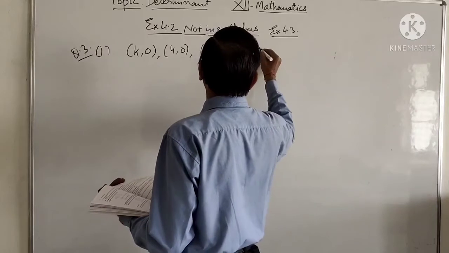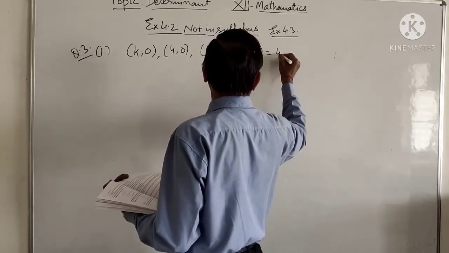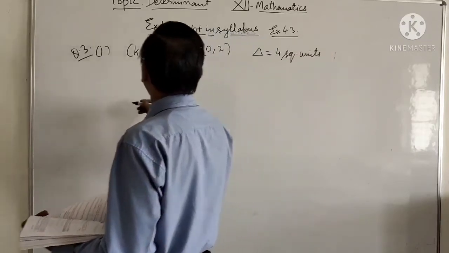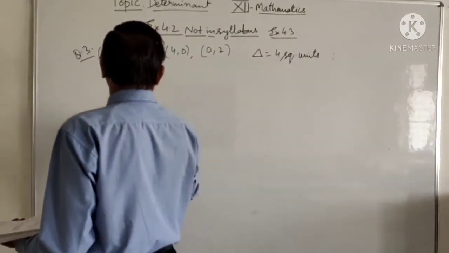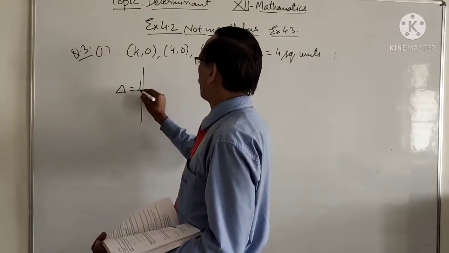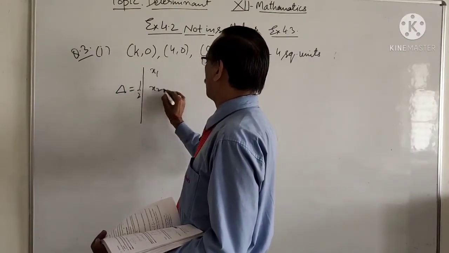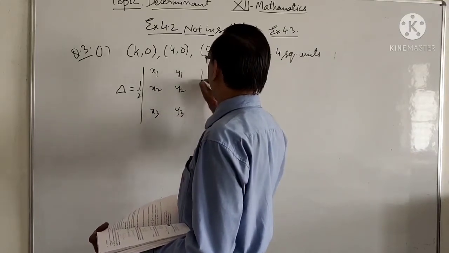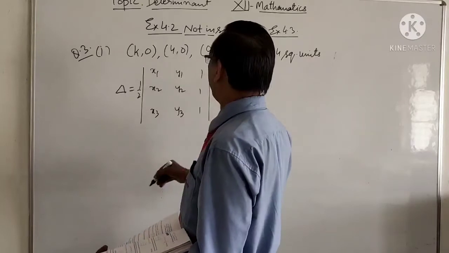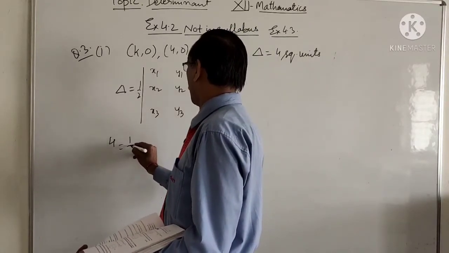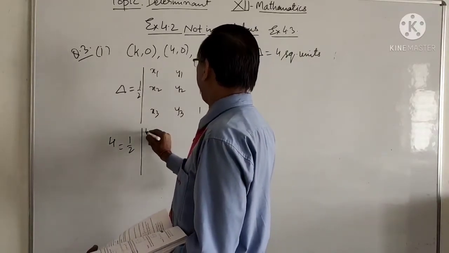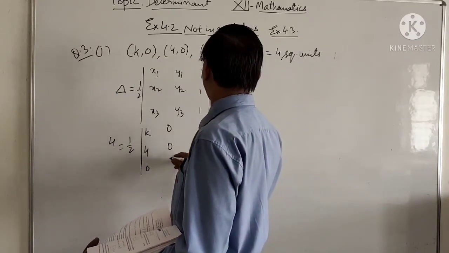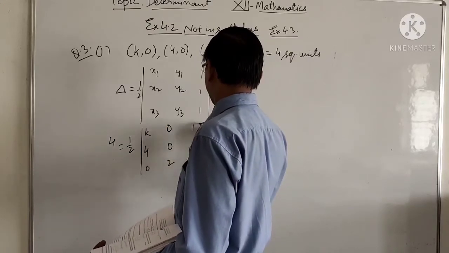And the area is given as 4 square units. Therefore, the area of the triangle delta is 1/2 times the determinant x1, x2, x3, y1, y2, y3, 1, 1, 1. Here it is 4 equals 1/2 determinant k, 4, 0, 0, 0, 2, 1, 1, 1.